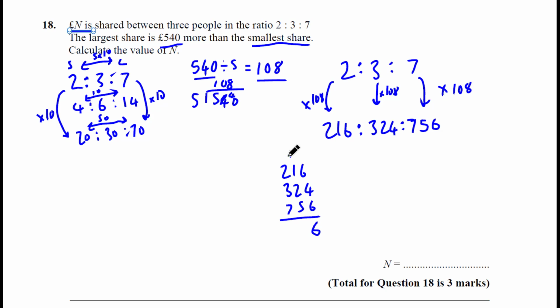So 6 add 1, 2 add 2, 4, 5 is 9, 2 add 3 is 5, add 7 is 12, and that total amount is 1296. Hopefully you can see the difference between 216 and 756 is 540, so we know that must be correct. Happy days.